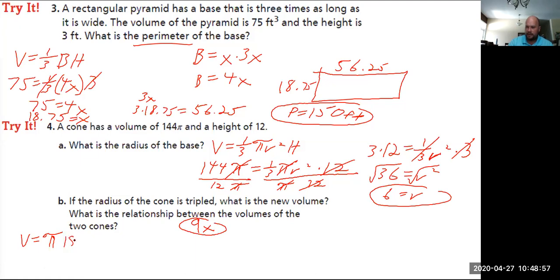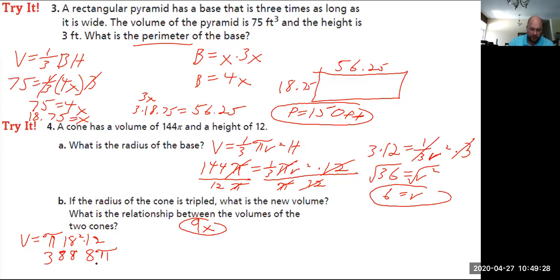We're going to go 18 squared times the height, which is staying the same. It's still 12. If we multiply that out, 18 squared times 12, that's going to be 3,888 pi.